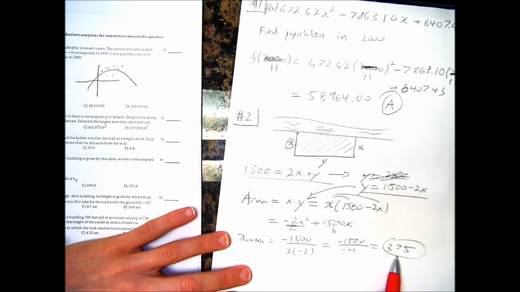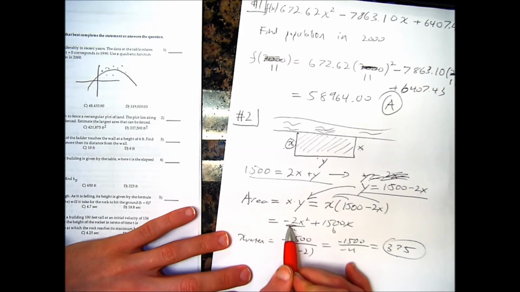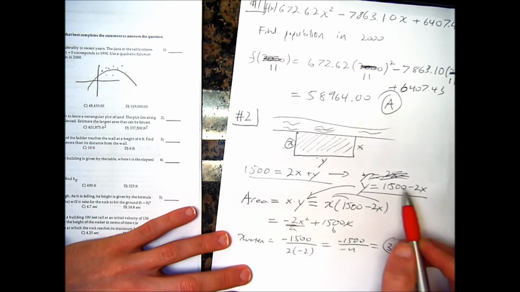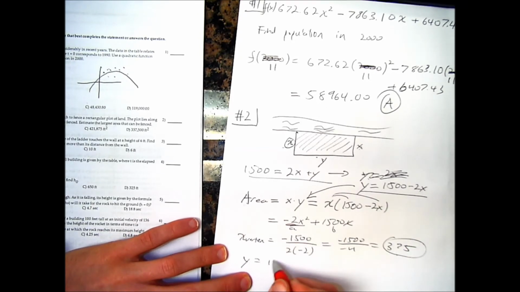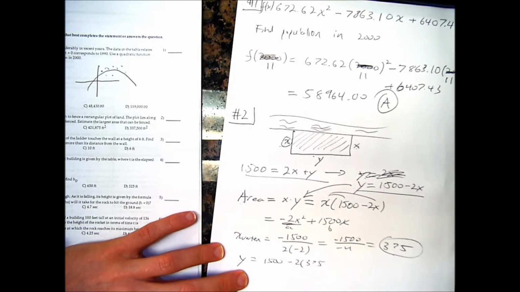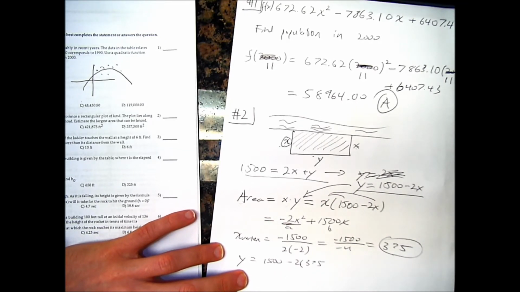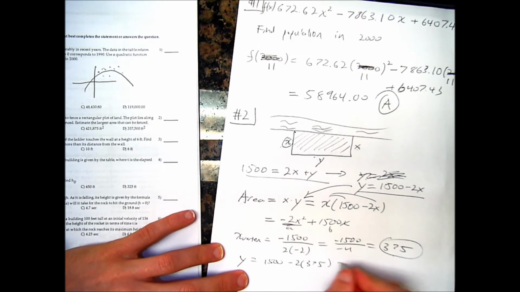I could either plug this back into here, or I could say, well, what's y? Y is 1500 minus 2x. So y is 1500 minus 2 times 375. Well, that's 750.